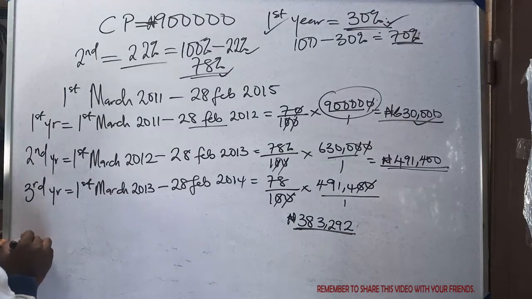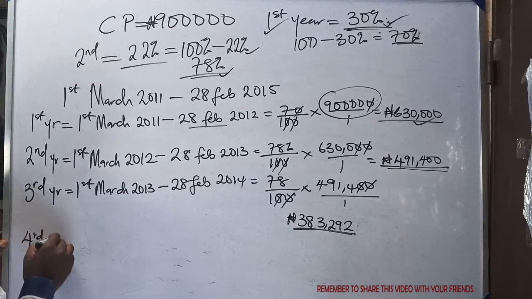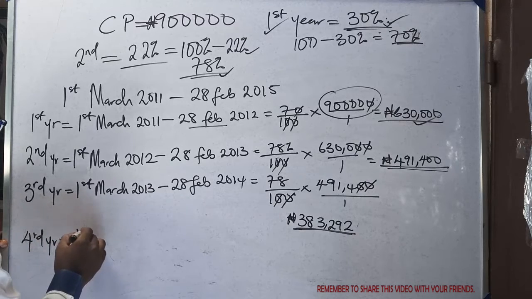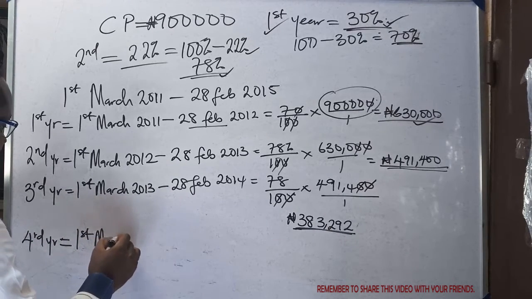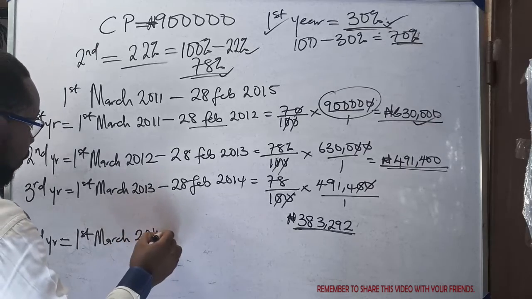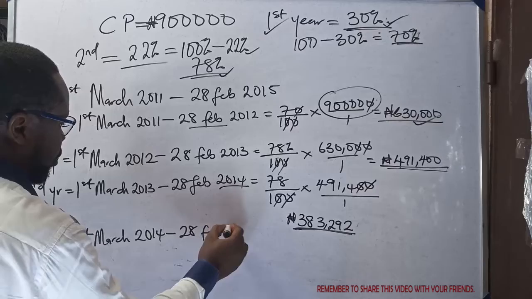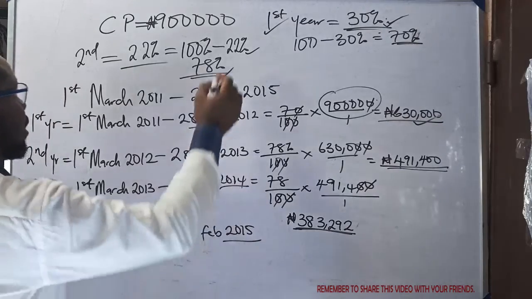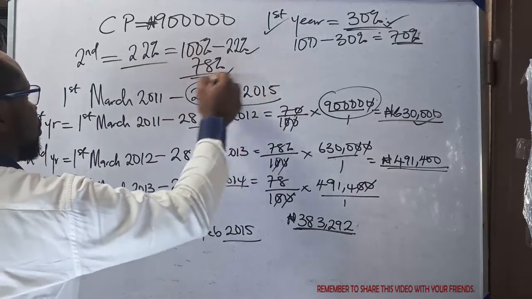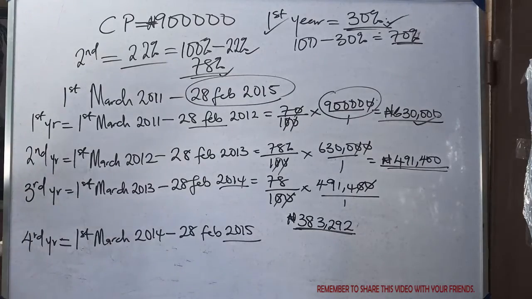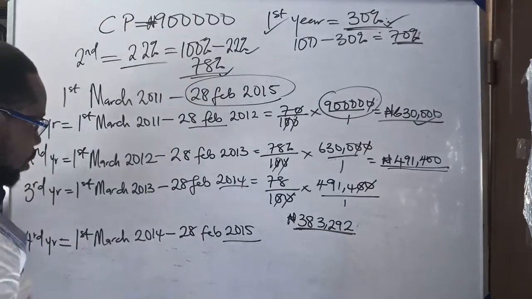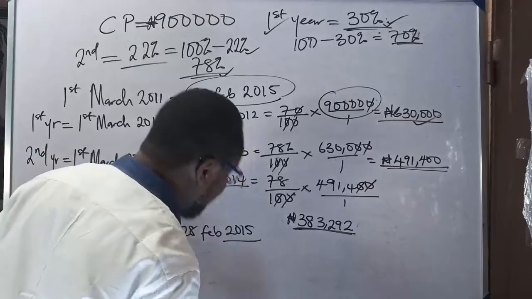So we are going for the fourth year now. Fourth year, we have from 1st March 2014 now to 28th February 2015. If you notice, that's where we are told to stop. We are told to find the value at the end of this year.